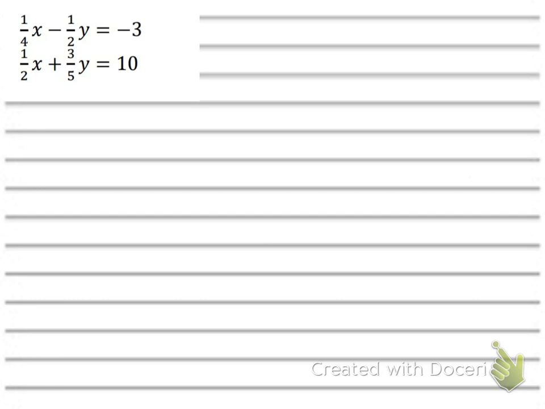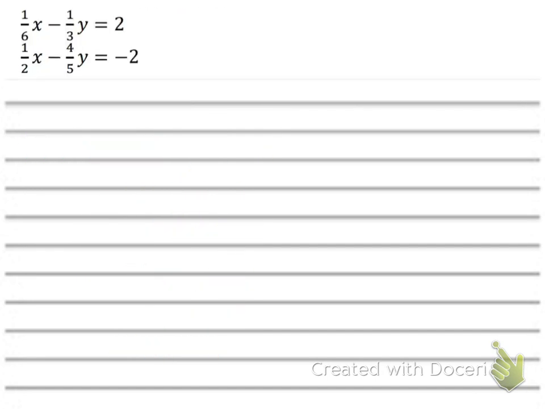So, same thing. Is that the right problem? No? 1/6. Let's do this one, the 1/6 and the 4/5. Okay, so we need to get rid of the fractions first. So let's take the top guy and multiply it by 6.